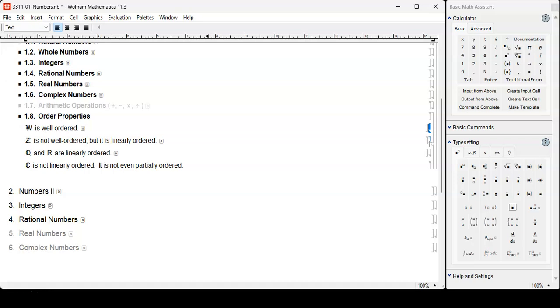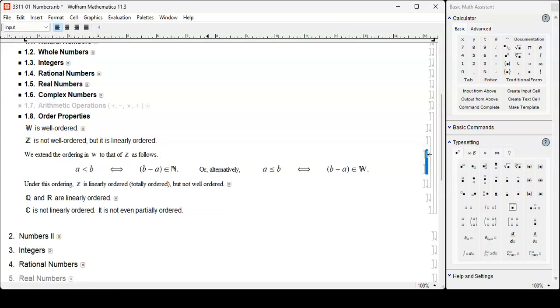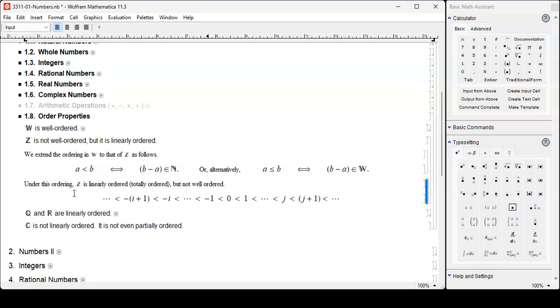Z is not well ordered, but it is linearly ordered. Yeah, that's true. But any bounded subset of Z is well ordered, either forward or also reverse. You can extend the ordering: A less than B like this, B minus A belongs to the natural numbers 1, 2, 3, 4, and so on.